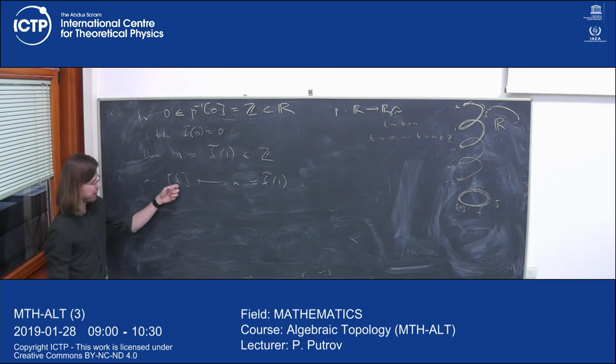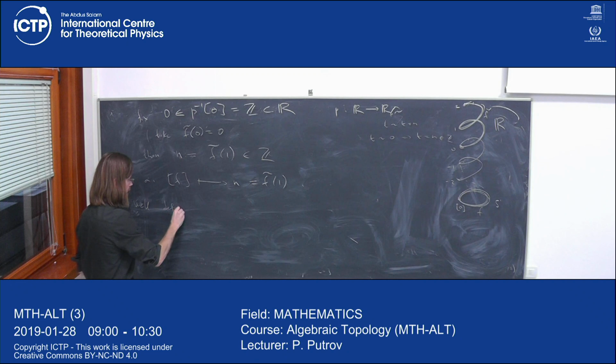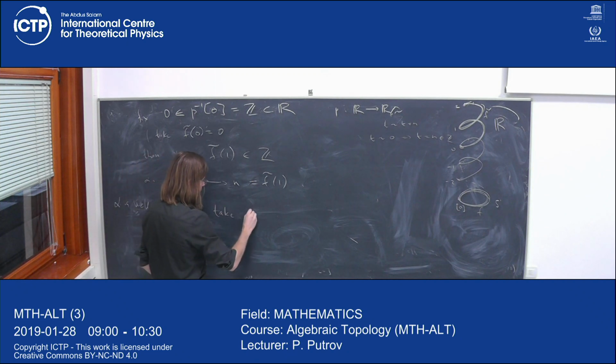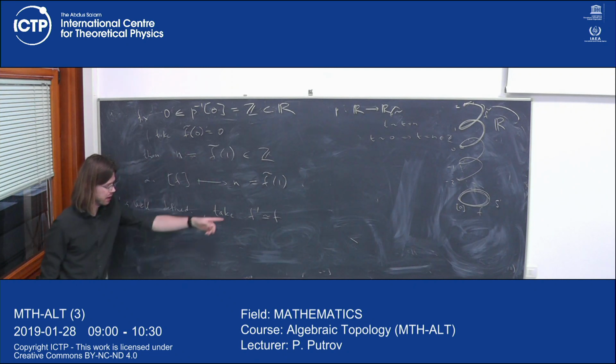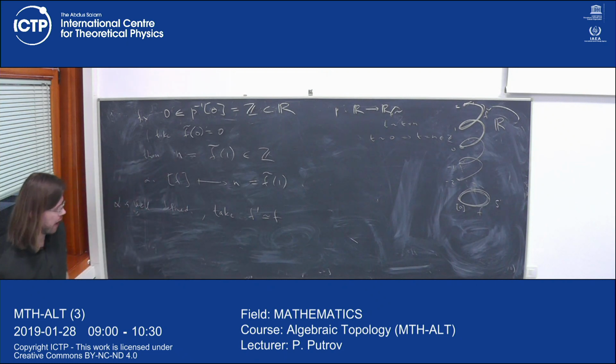Again, since we use some particular representative of this path homotopy equivalence class, we want to show that alpha is well defined. Take any other path f prime, which is path homotopic to f.